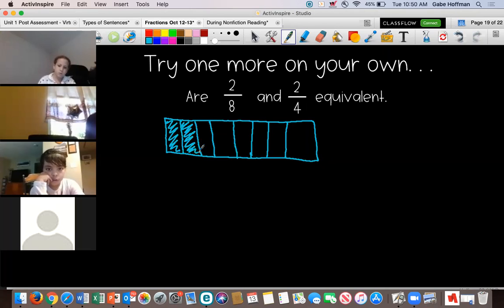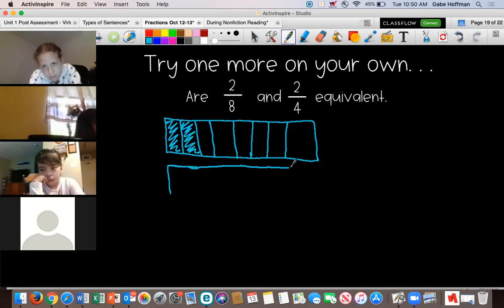Okay, then what? Then I drew another rectangle. Okay, and is there anything special about this rectangle that you did? I made a line in the middle. What size did you make this rectangle? Same size as the one above or different? Same size. There we go.